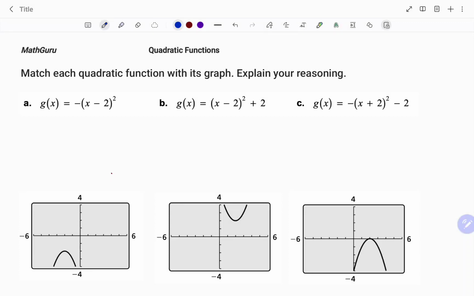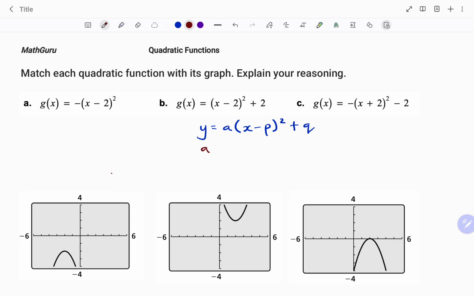In this video, I'm going to show you how to match the following quadratic function with its graph. A quick recap, using the vertex form of my quadratic function, I have y equals a(x minus p) all squared plus q. What this means is the value of a determines the shape of the graph.